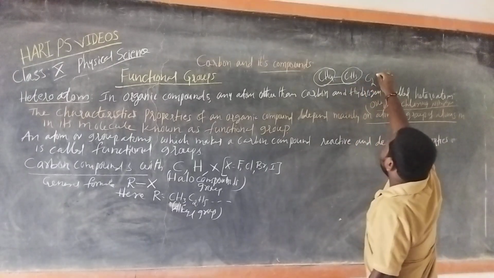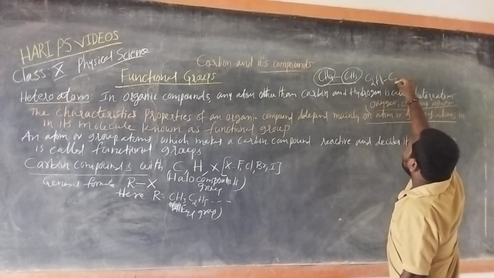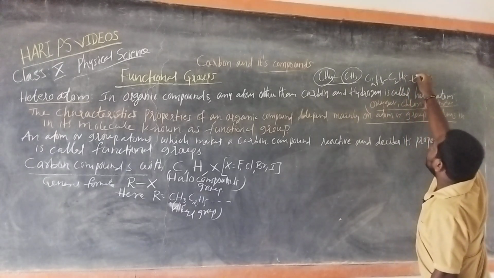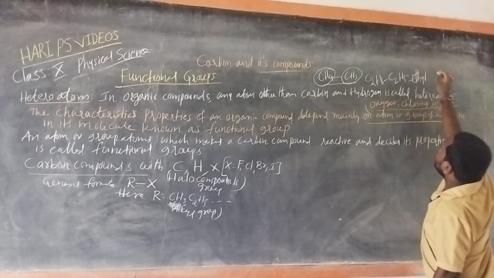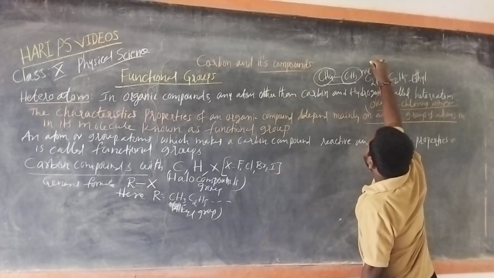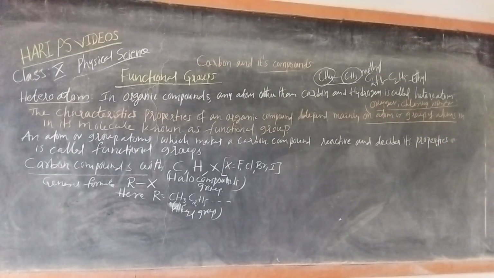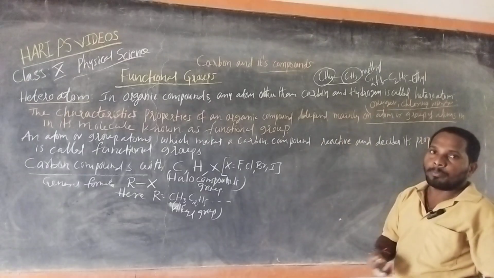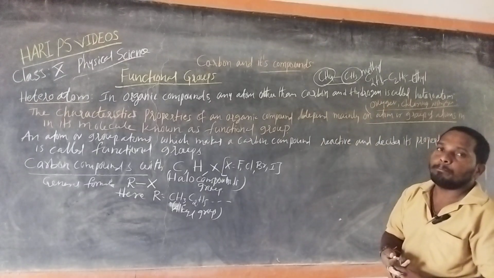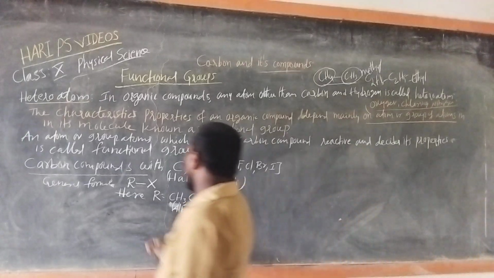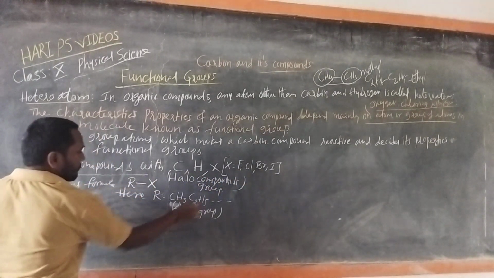Similarly, from ethane, when we remove one hydrogen, it is called ethyl. So from any alkane, when we remove one hydrogen, the new group formed is called a methyl or alkyl group. R is equal to CH3, C2H5.